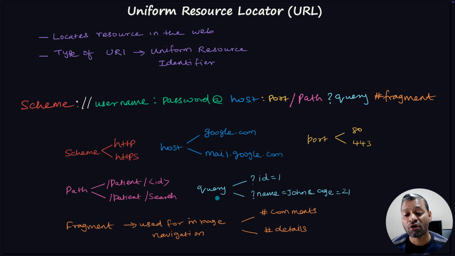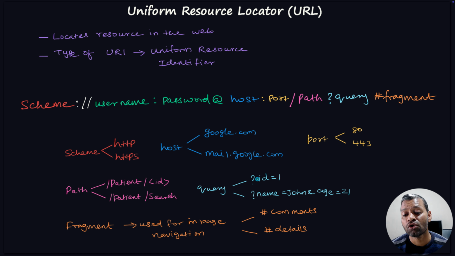Query is one of the optional parts. This is also known as query string. This is used to pass in additional conditions or filters. For example, if you take this patient/search path, if you want to specify what criteria has to be used for searching this patient, then they can be passed as a query string.